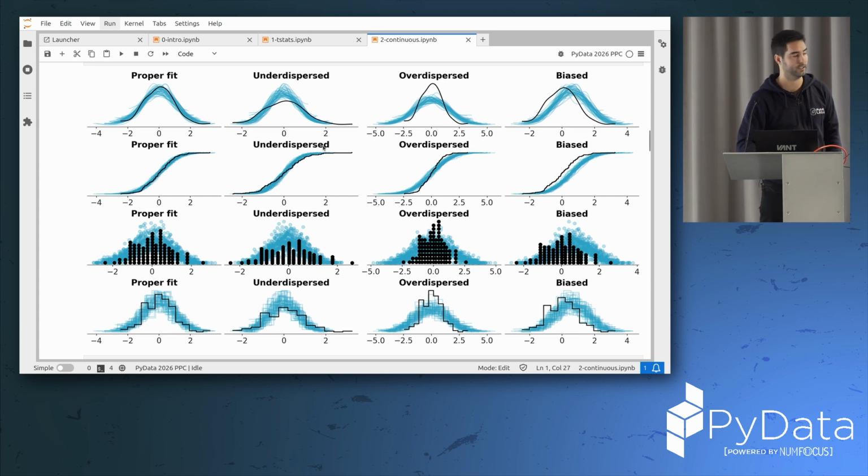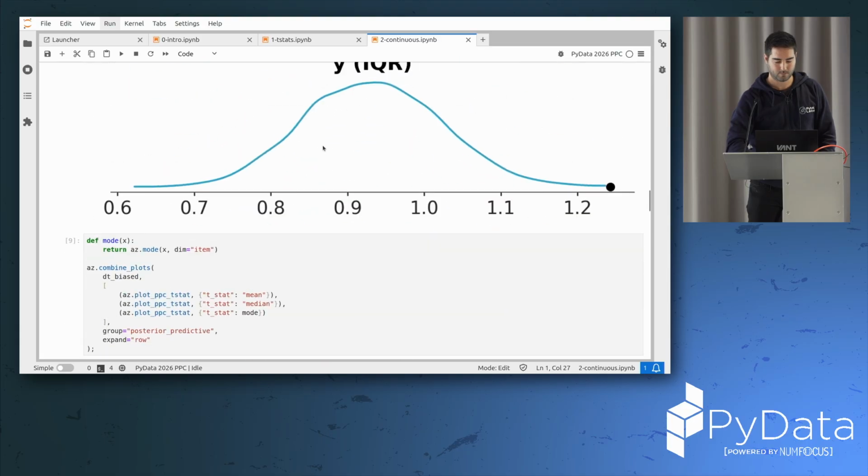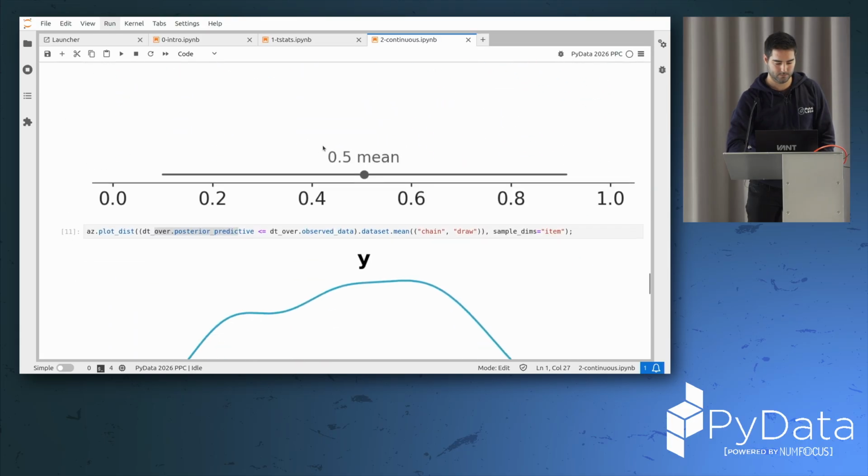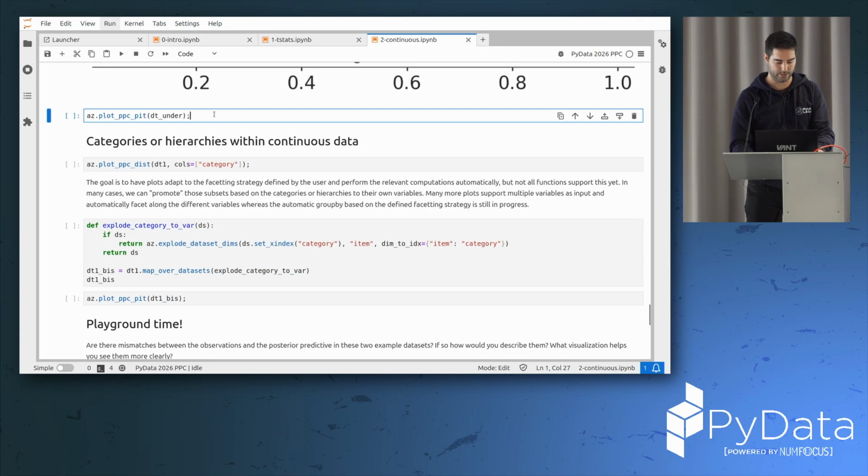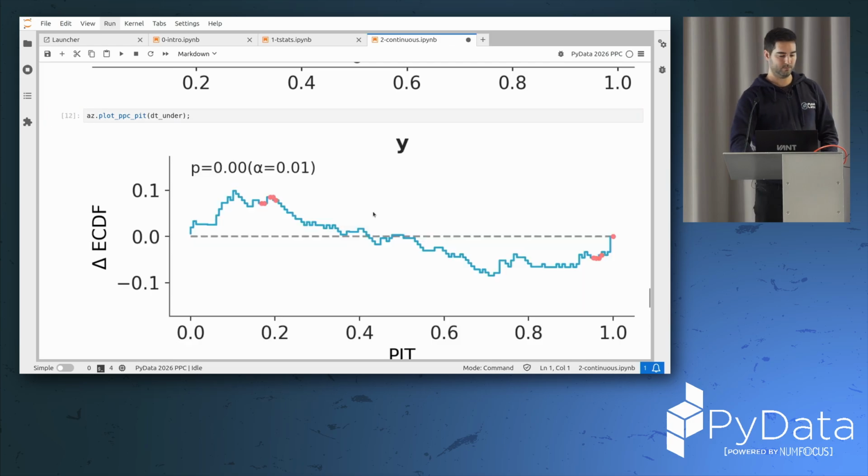So instead of seeing this kind of increasing shape, we'll see a straight line and the differences overall. And for instance, for the under-dispersed, it looks something like this.